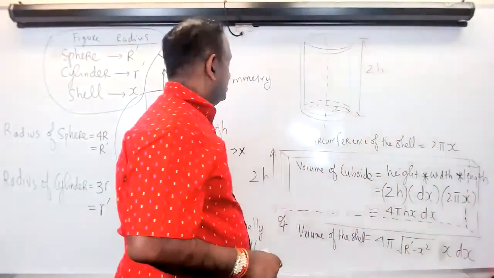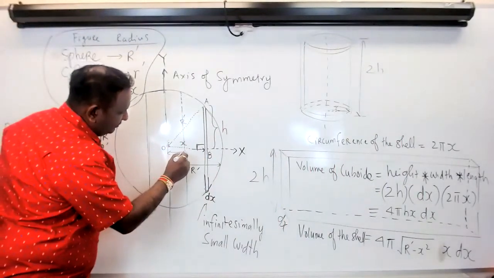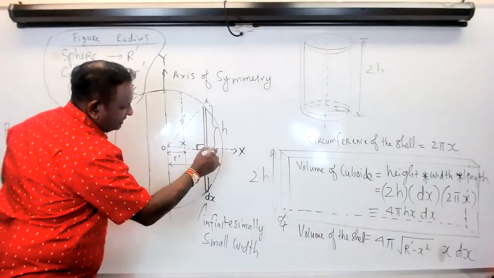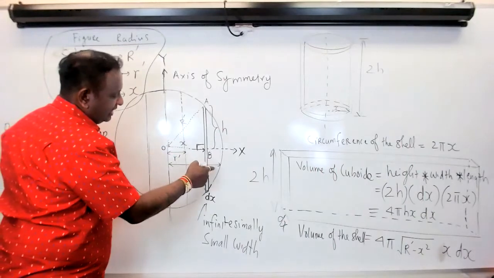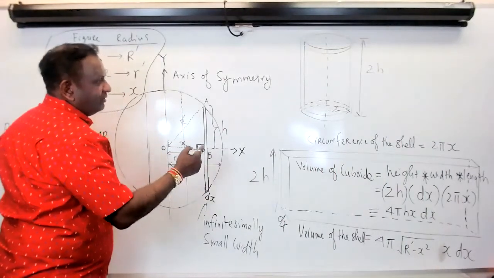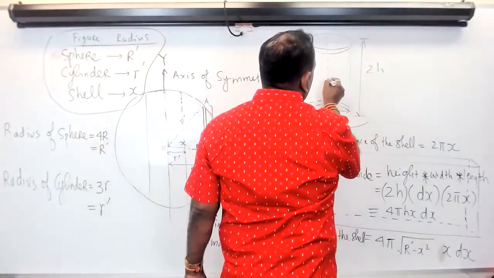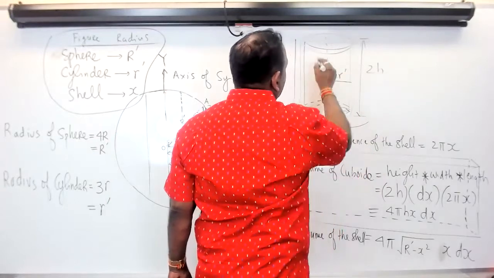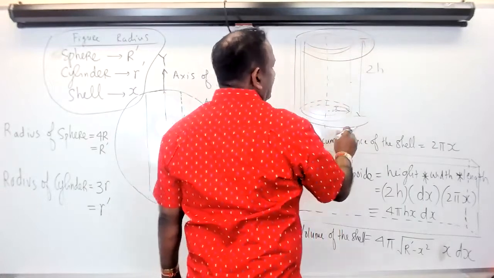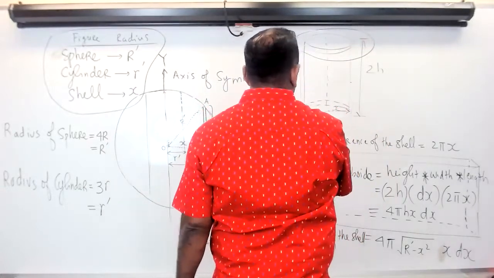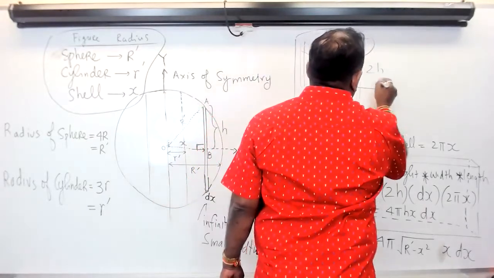Now what are you going to do? You simply stack shells from this point to that point. That means your x is going to go from small r prime to capital R prime.